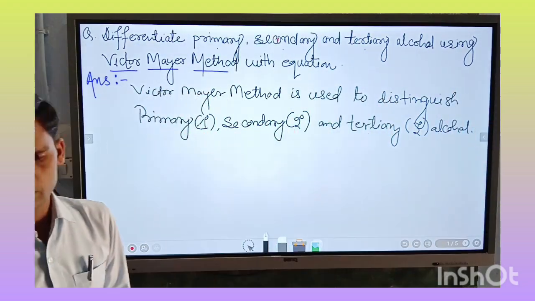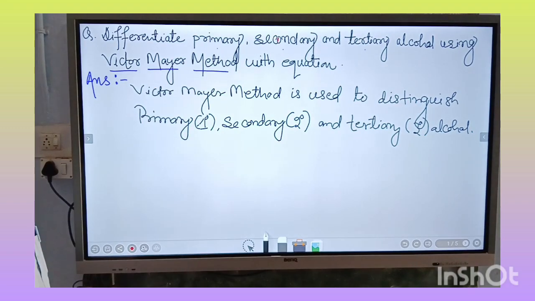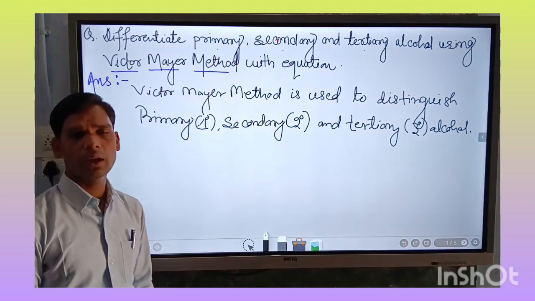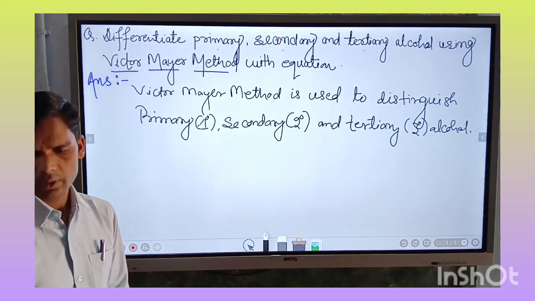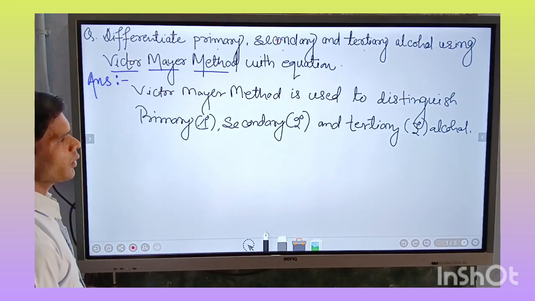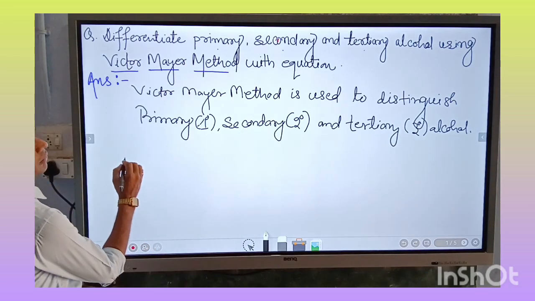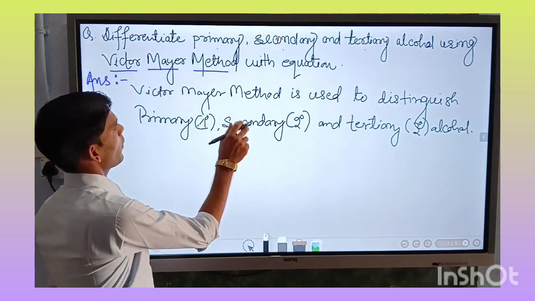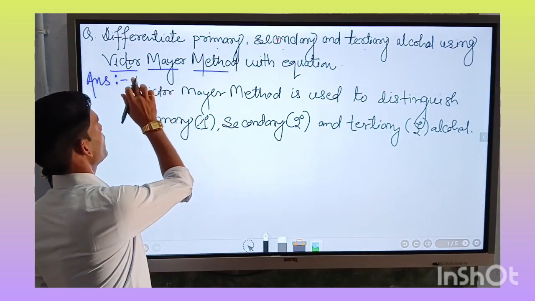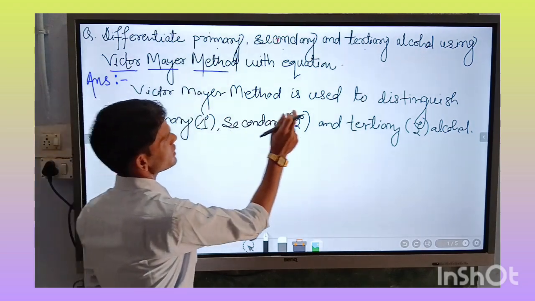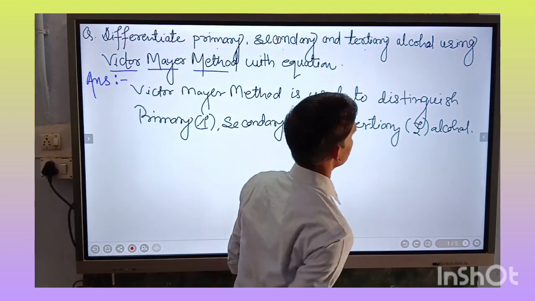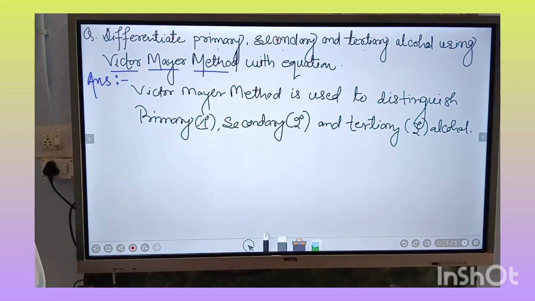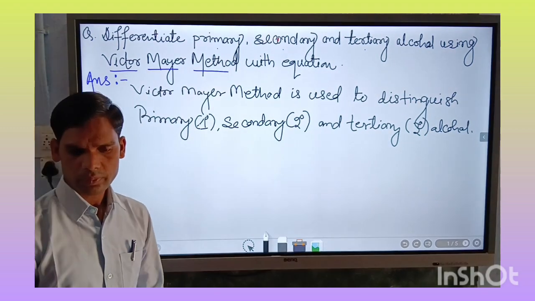The method depends on the color observed. Why we are using Victor Meyer method to distinguish primary, secondary, and tertiary alcohol is mainly because it depends on the color observed.